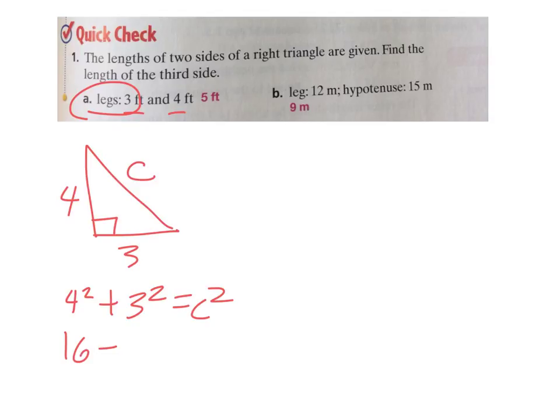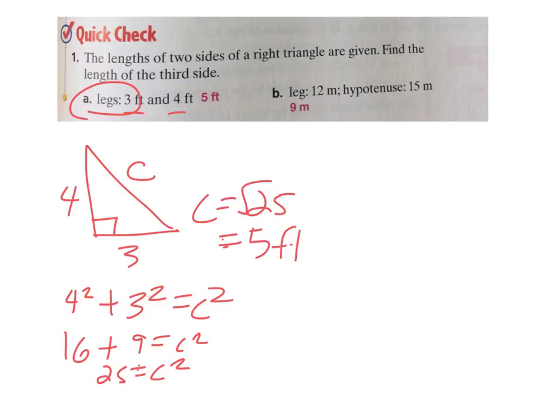So that's 16 plus 9 equals C squared. So C squared does equal 25. There we go. And so C then is the square root of 25, or it is 5. In this case, the label is feet. Don't forget the label there. That is important.